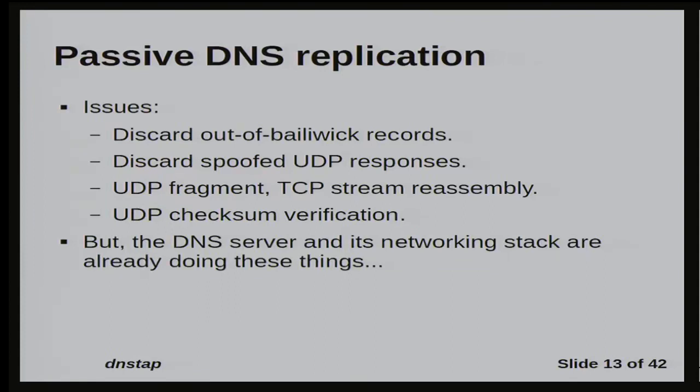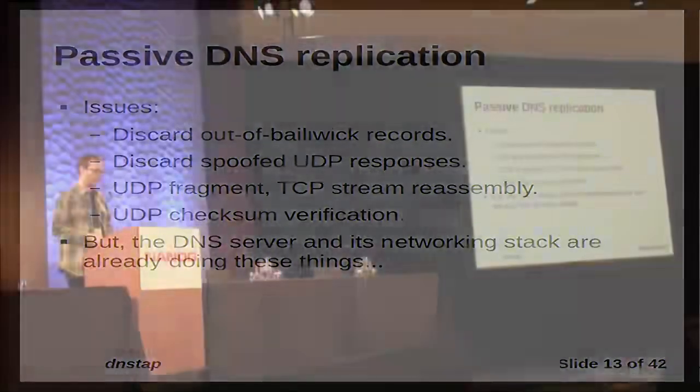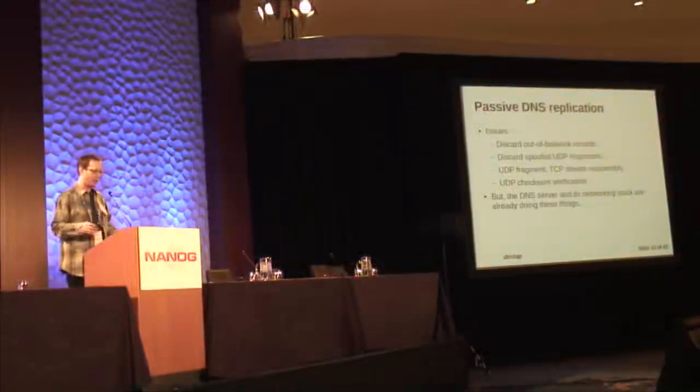And then you have to deal with fragmented UDP packets and TCP streams. You have to reassemble those into the constituent messages and do stuff like UDP checksum verification. So you have all these data issues when you do passive DNS replication with packet capture.